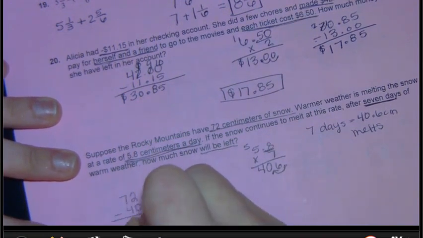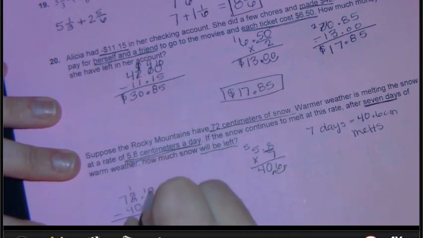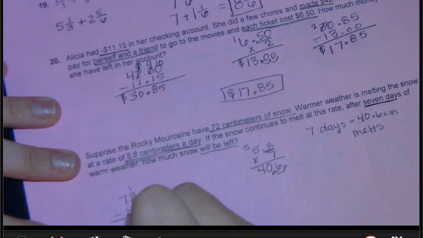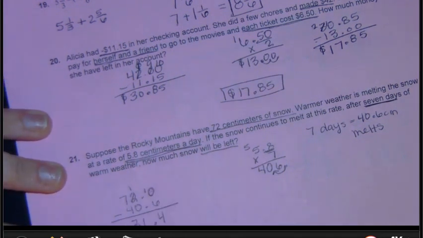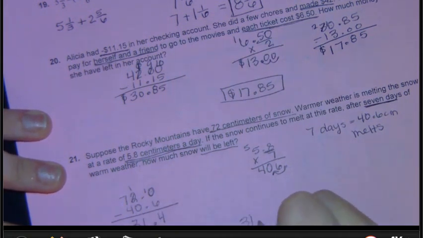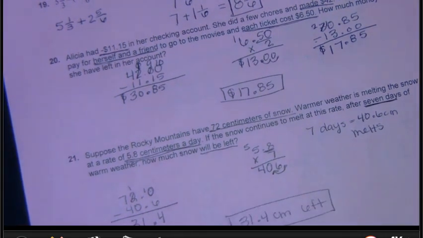Now, with 72, you have to add a decimal and a 0. So we can borrow and carry. 10 minus 6 is 4. Decimal, 1 minus 0 is 1. 4, 5, 6, 7. 7 minus 4 is 3. I had to do some quick mental math to see that you have 31.4 centimeters left of snow.